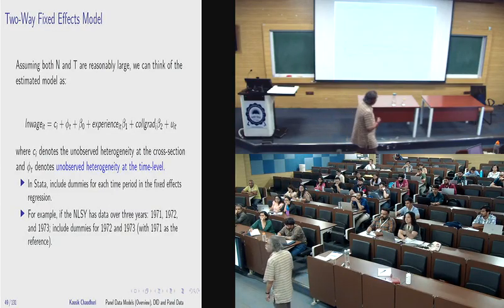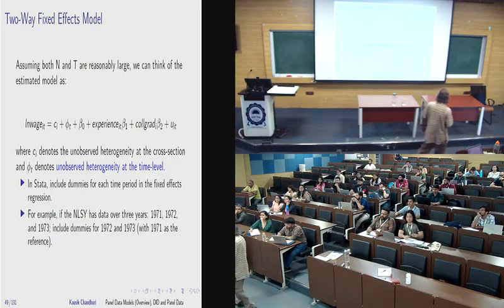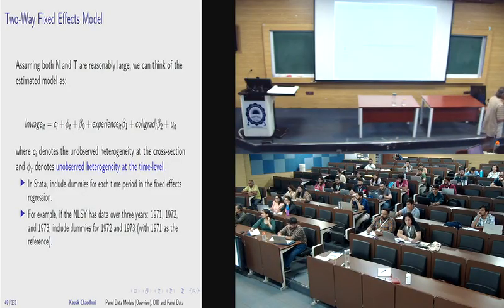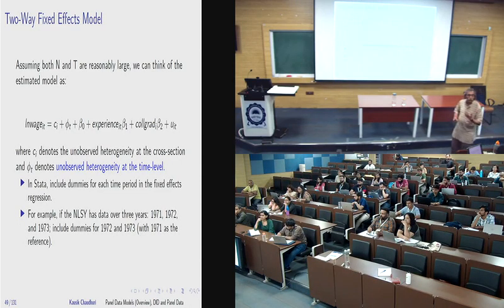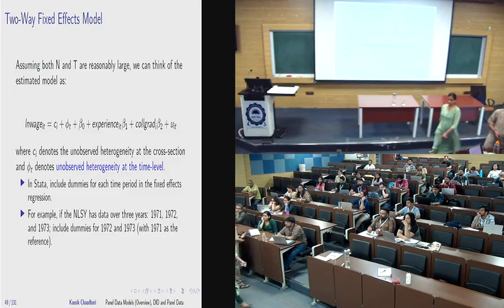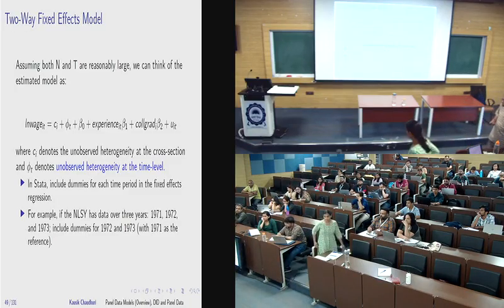Think of phi t, phi subscript t, as those unobserved shocks. So you already have covariance of Ci and Xit not equal to 0. Now you also have covariance of phi t and Xit not equal to 0. So you have unobserved heterogeneity not only at the cross-sectional level, but also at the time of observation.